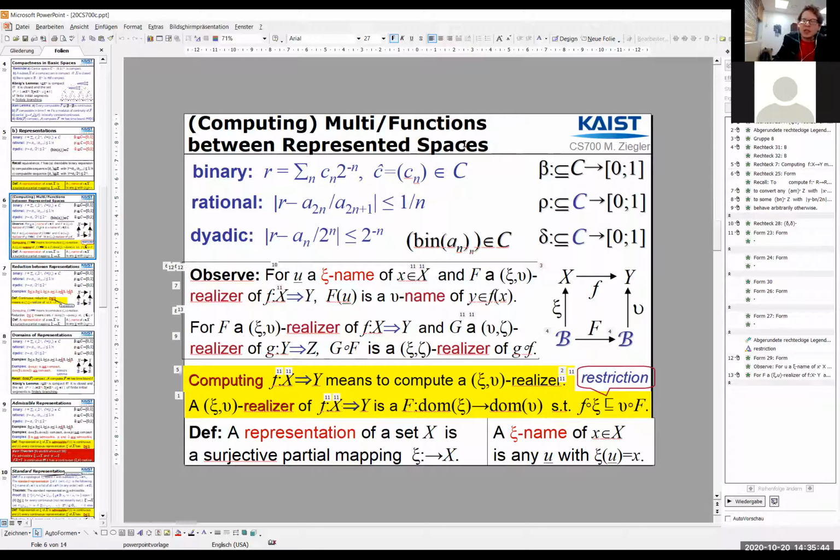But similarly, it turns out that computable multifunctions are also closed under this other kind of restriction where we restrict the codomain, the values of the function.